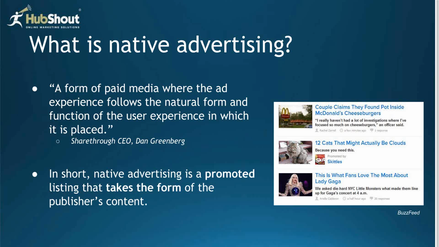We have an example here from BuzzFeed on the right, and things are a little small there, but maybe people wouldn't admit it, a lot of us have been on BuzzFeed. You can see that the second one is promoted by Skittles, and you'd probably have to believe that the first one had some relationship to McDonald's.